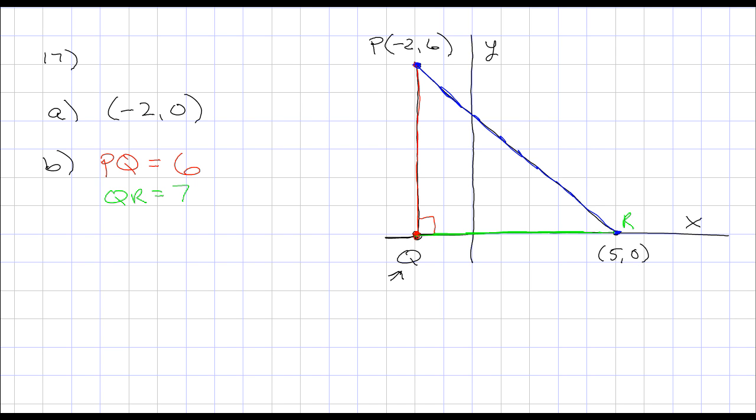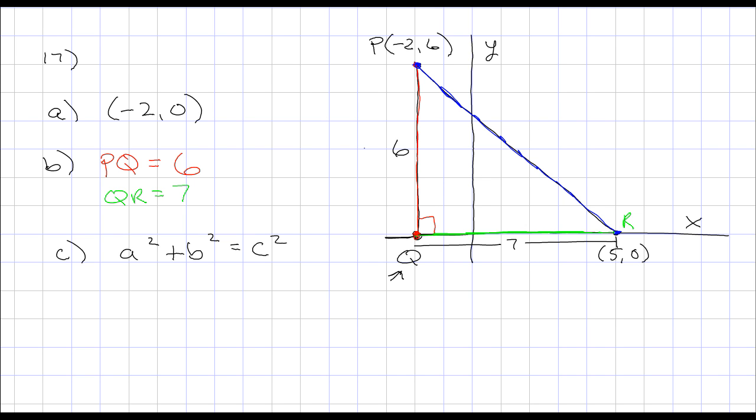So we know PQ is 6, we know this side is 7, and by Pythagorean we can say that a squared plus b squared is equal to c squared. So in C, the letter by itself is always the hypotenuse, which is going to be this side because it's opposite the right angle.